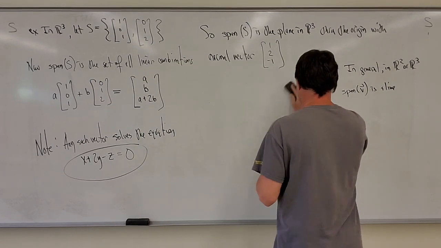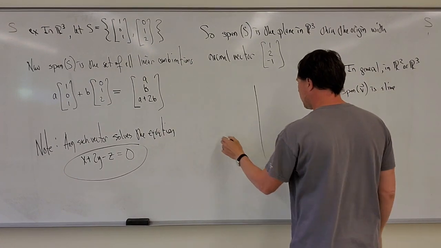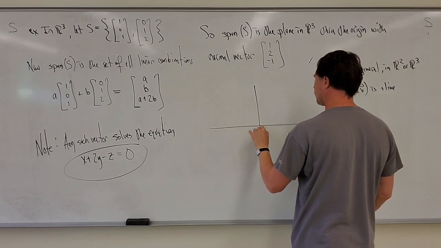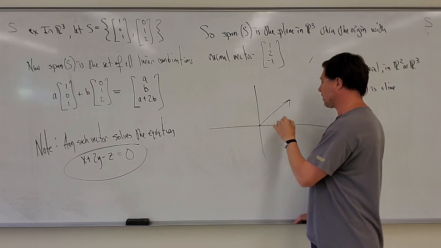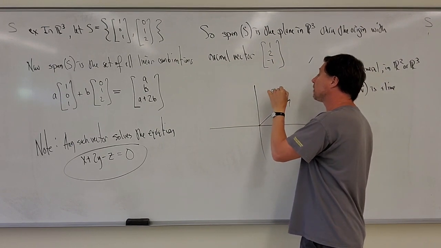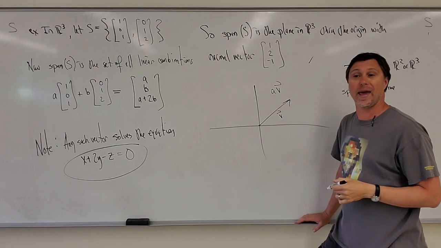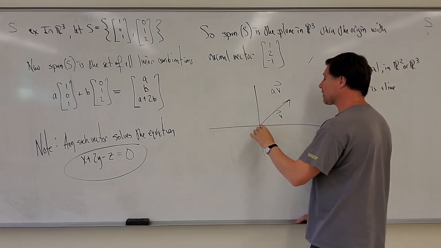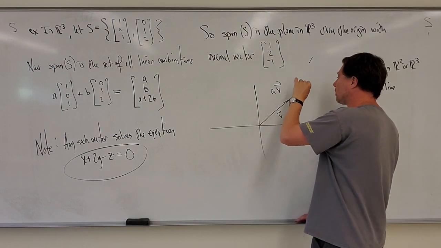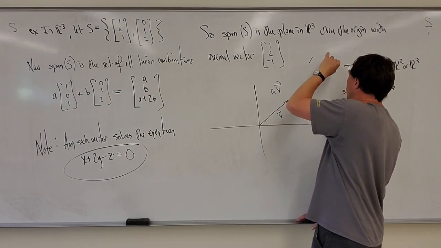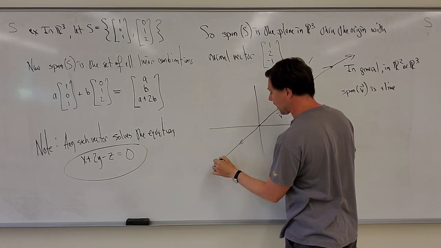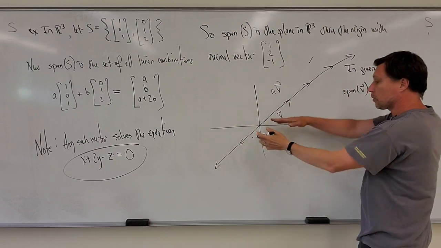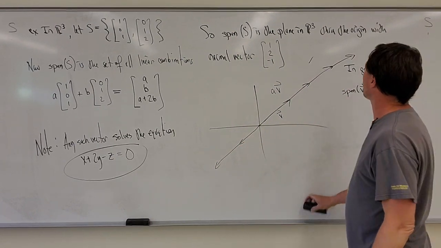I'll just draw it in R2. If you take a single vector and look at all possible linear combinations, if this is my vector v, all possible linear combinations are things of the form a times v. So all possible scalar multiples of v go like that with positive scalar multiples and like that with negative. If you take all possible scalar multiples, it fills out that line.